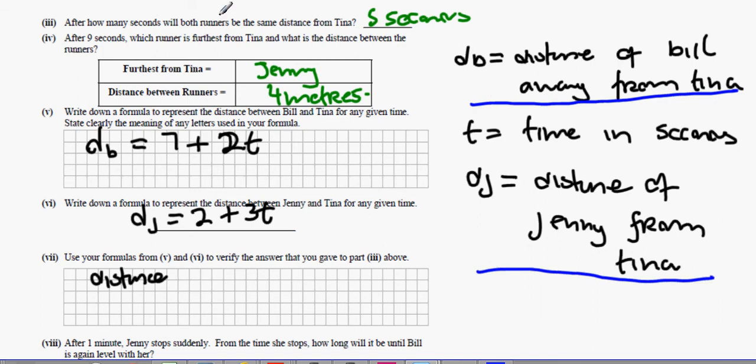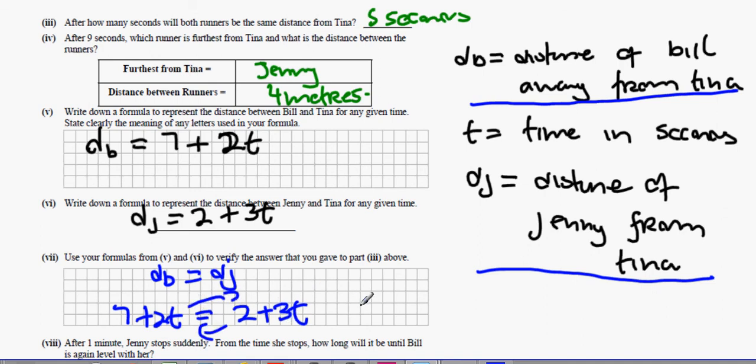So we basically want to say that dB equals dJ. Then we get 7 plus 2t equals 2 plus 3t. Move the t's over to one side, so we get 7 minus 2 equals 3t minus 2t. 5 equals t.